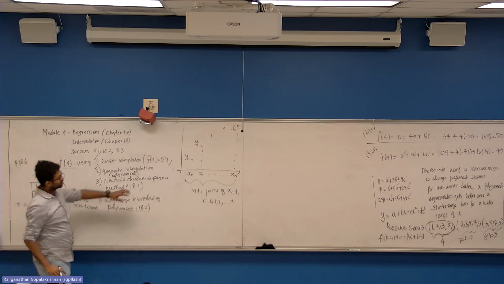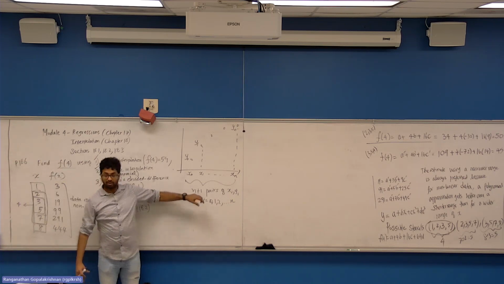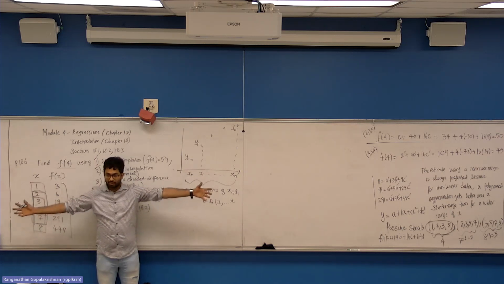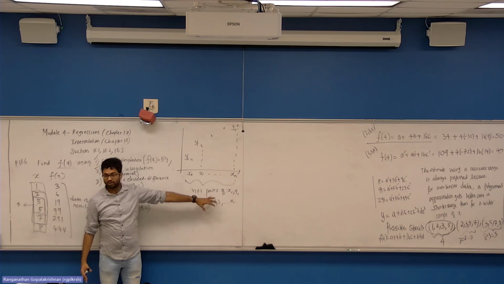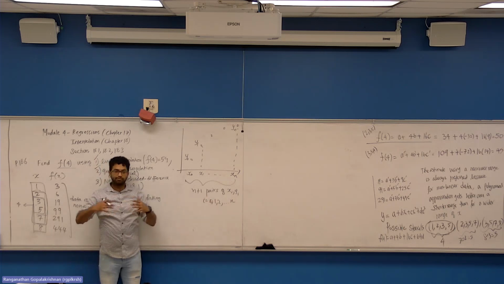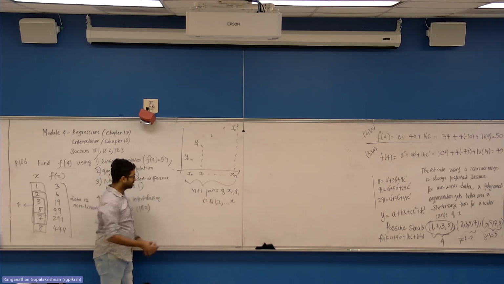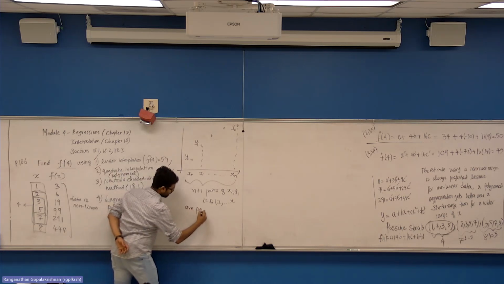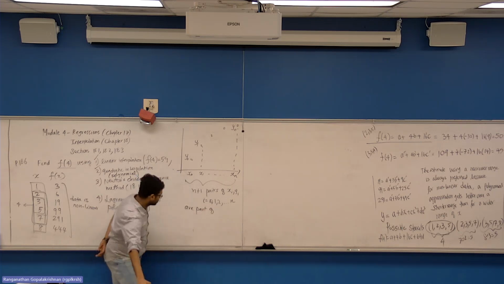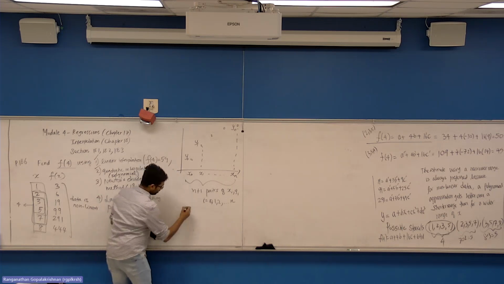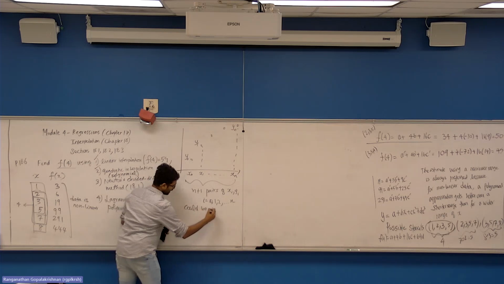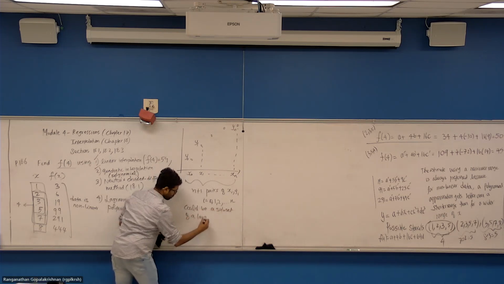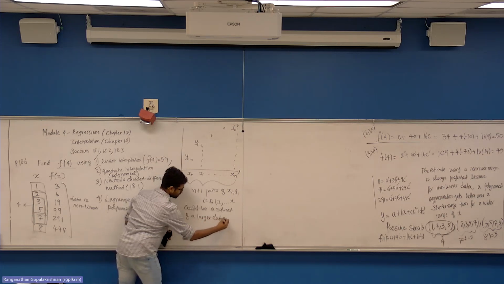One thing you should remember is these n plus 1 values are not the entire data set. You might have, let's say, 100,000 data points. These are n plus 1 consecutive values to which we are going to fit a formula. So these n plus 1 pairs could be a subset of a larger data set.